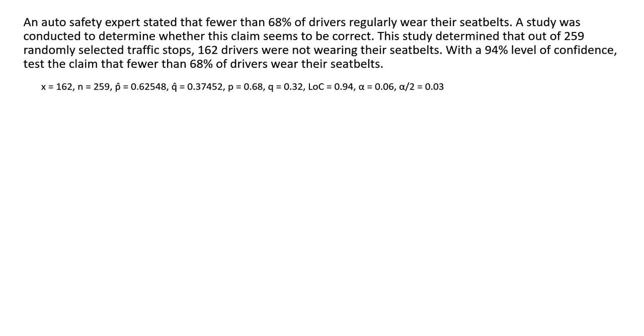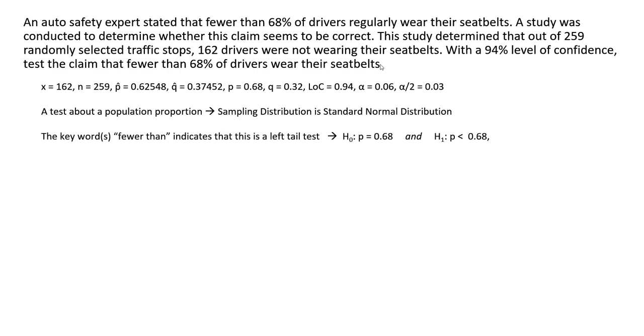So again, let's backtrack a little bit and see what we have so far. We have our deconstruction part of the problem where we get all these very simple, quick calculations. We know it's a test about a population proportion, and the sampling distribution is the standard normal distribution.